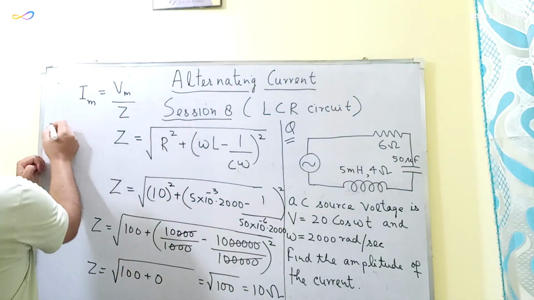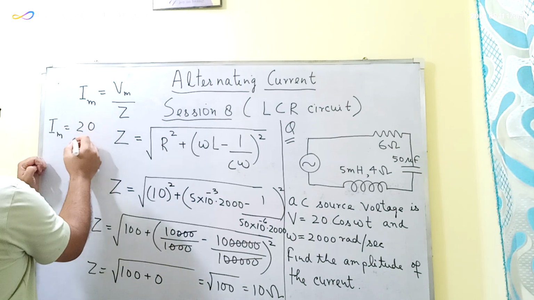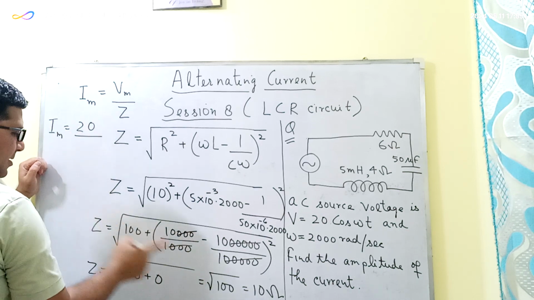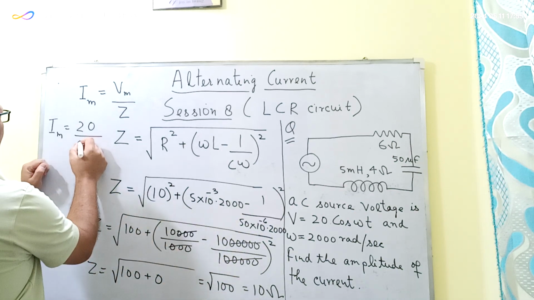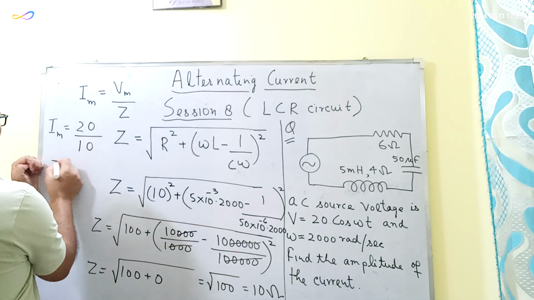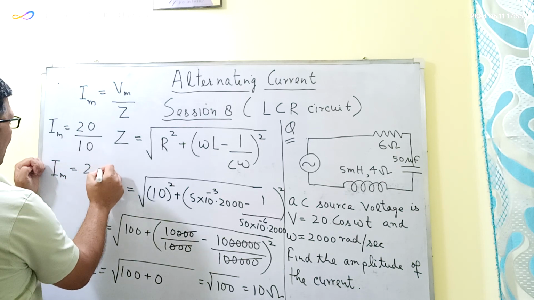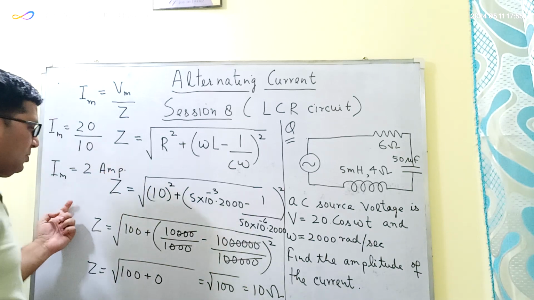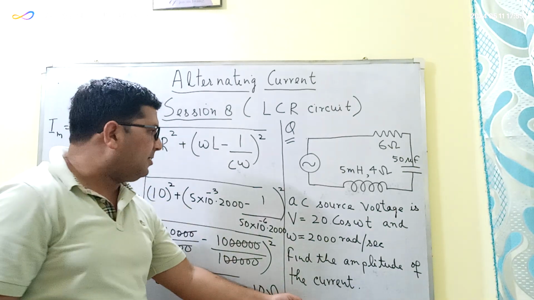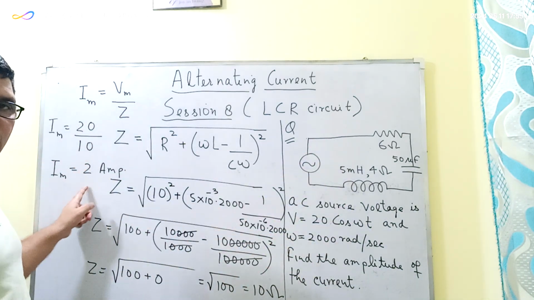So Im will be equal to 20 volts divided by Z. Z is 10. So Im will be equal to 2 ampere. Okay? So the amplitude of the current in this LCR circuit is equal to 2 ampere.